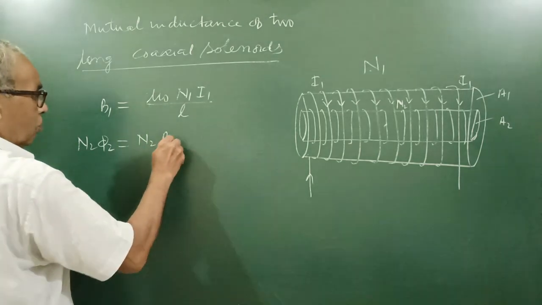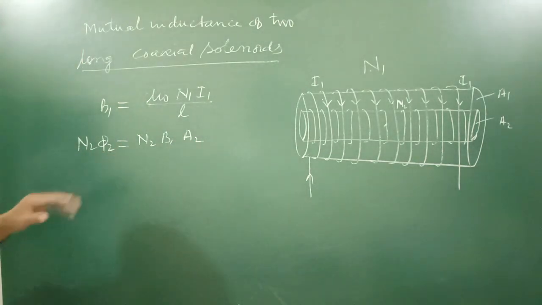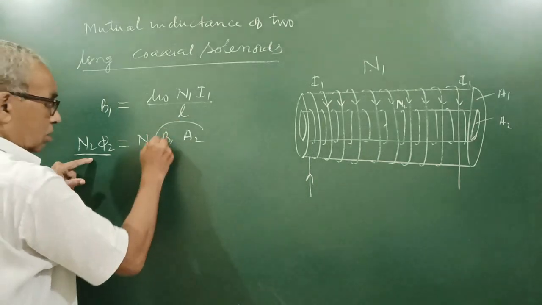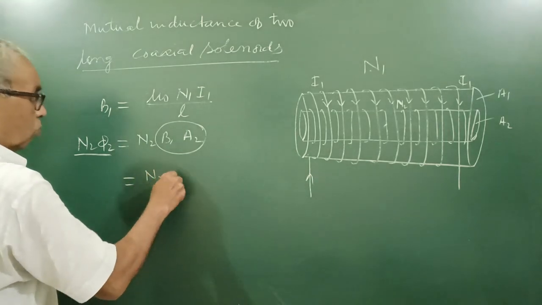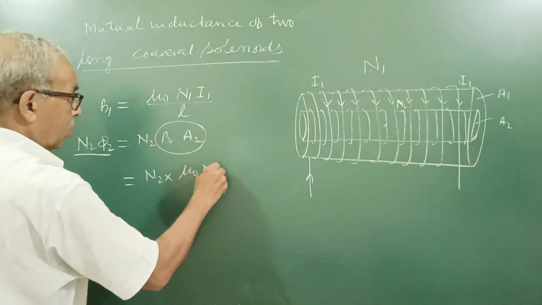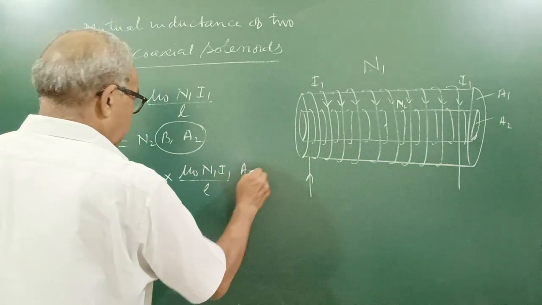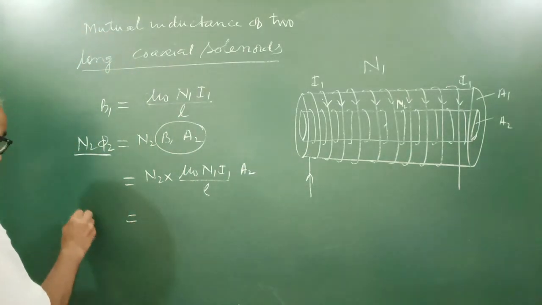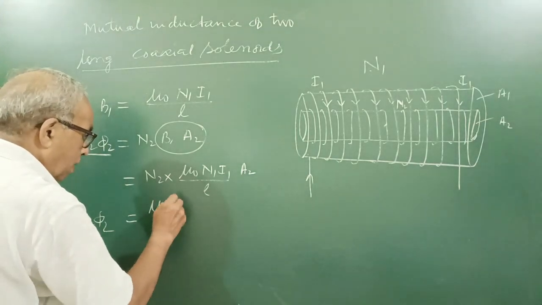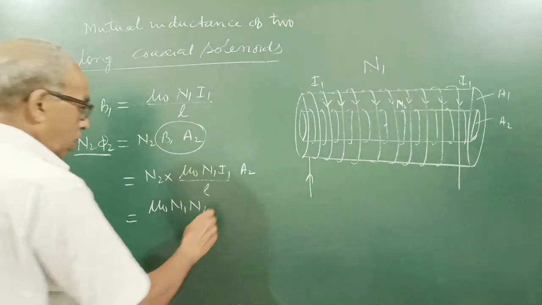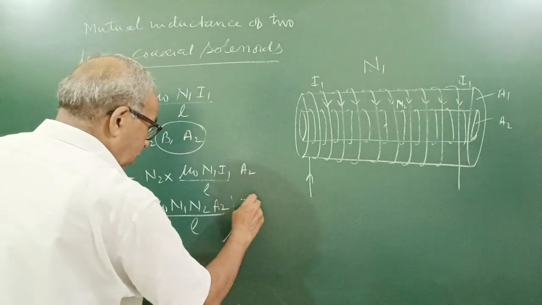N2 B1 A2, magnetic flux, but it is N2 phi 2. Phi is B1 into A2, so N2 phi 2 is equal to N2 into mu 0 N1 I1 upon L into A2, which is mu 0 N1 N2 A2 upon L into I1.